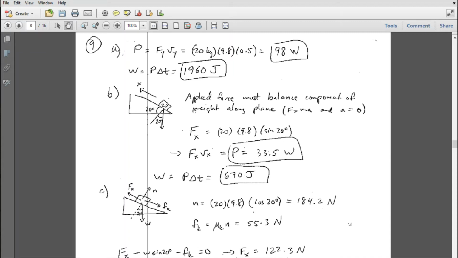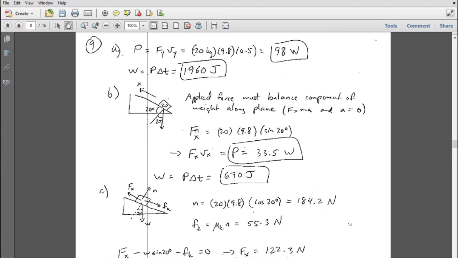So if we call the direction parallel to the plane x, we're going to do F net x equals max, and there are going to be two forces going into that F net equals ma equation. And when we do that, that says that the force that we have to apply pulling along the direction of the plane has to balance out that one because ax is 0.